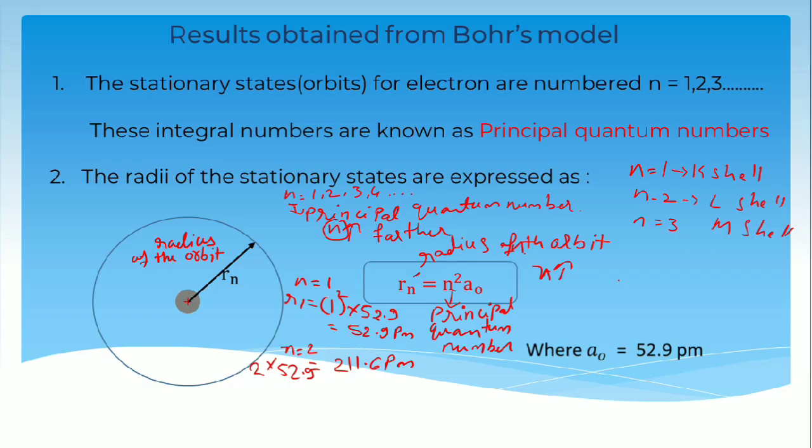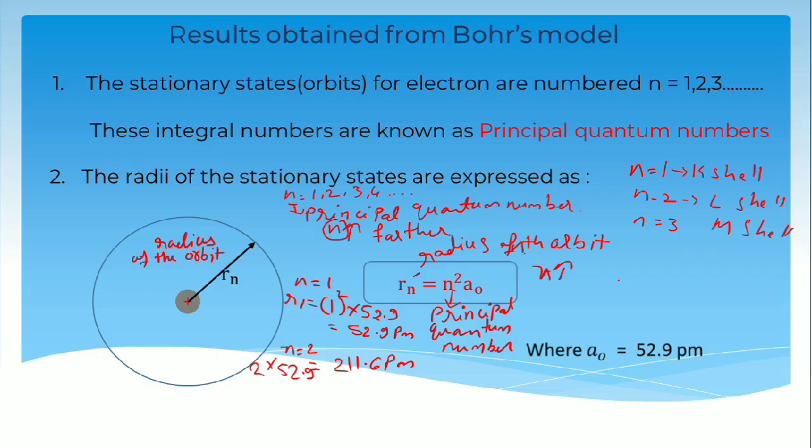Okay. So I can ask you one question. If an electron moves from n equals 1 to n equals 3, will the radius increase or decrease?